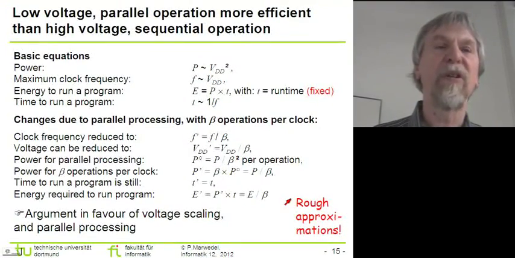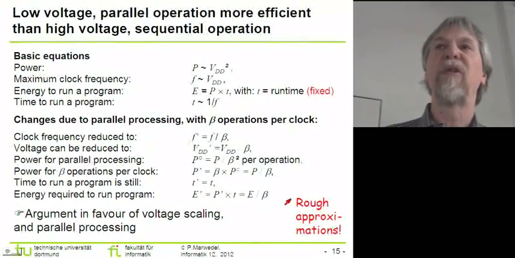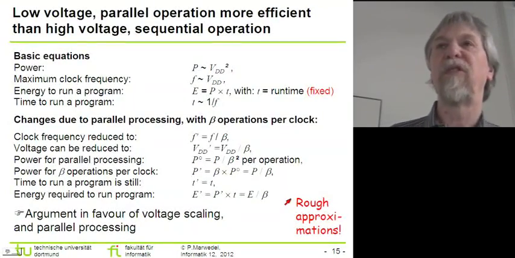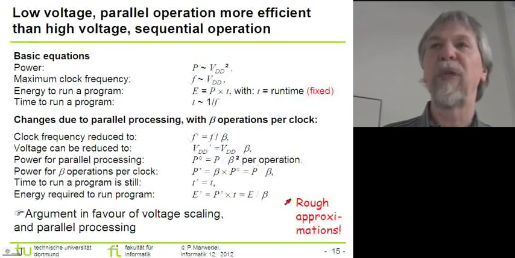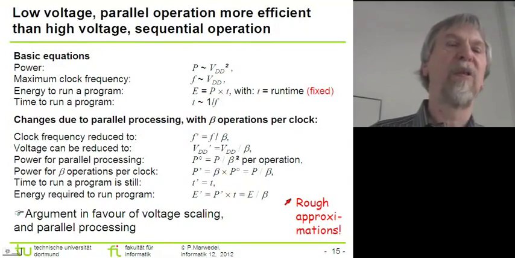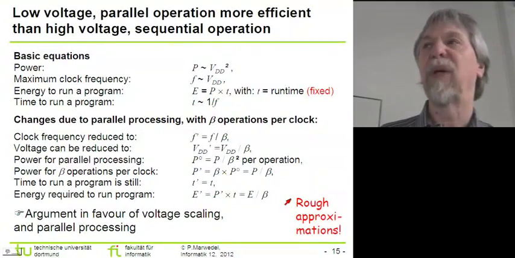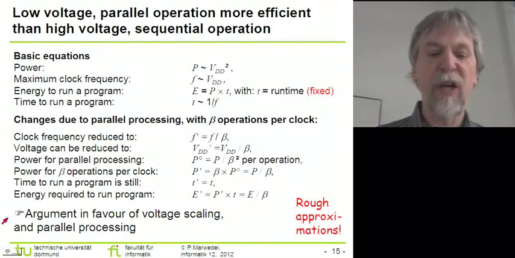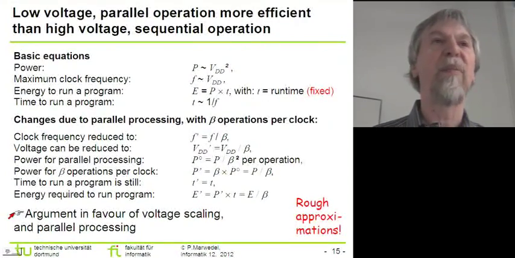The trend clearly tells us that it is better to execute more operations in parallel and to execute each of these operations at a rather low speed than to execute only one operation at a time but do this at a very high speed. And this is the standard chain of arguments which is applied in many cases.